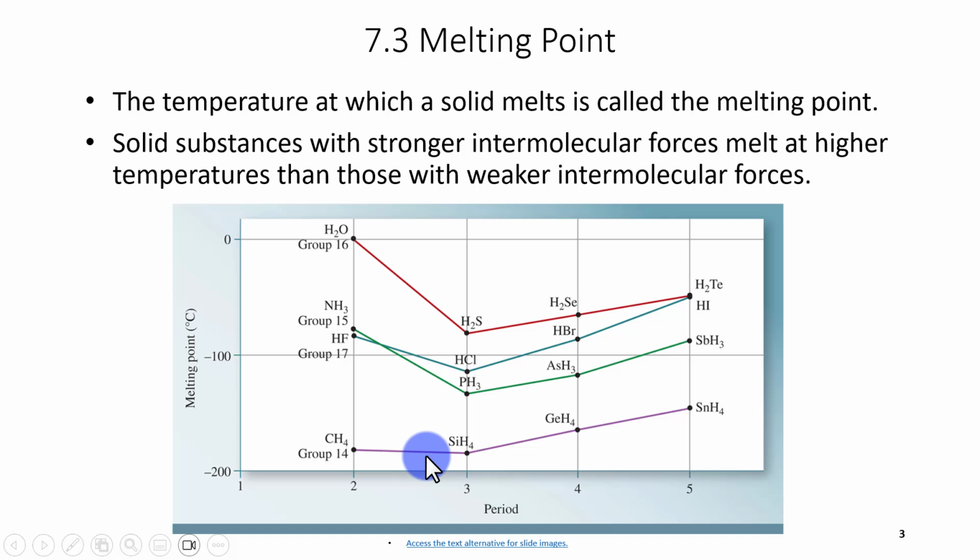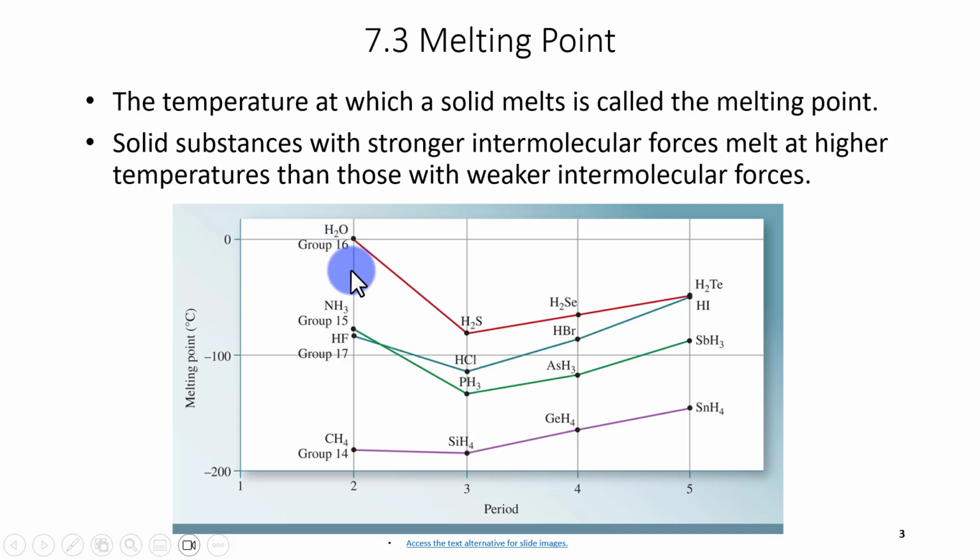And you can see how they increase with increasing molar mass. And we know that this is true because we also know that intermolecular forces, especially London dispersion forces, increase with increasing molar mass.